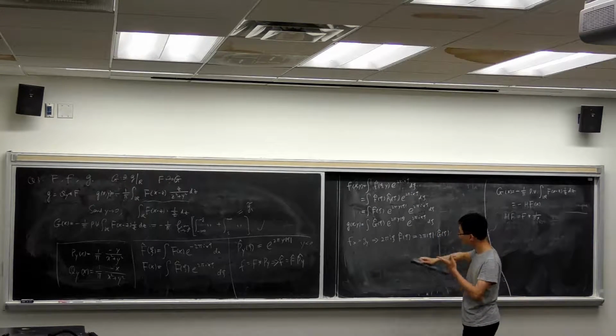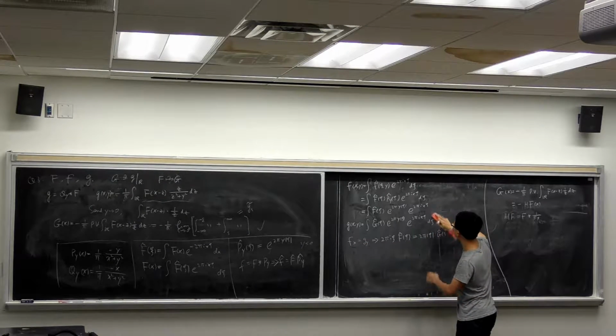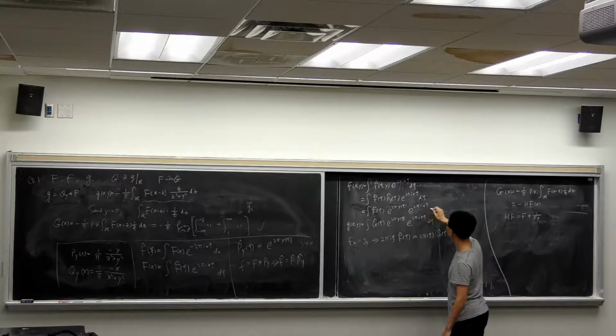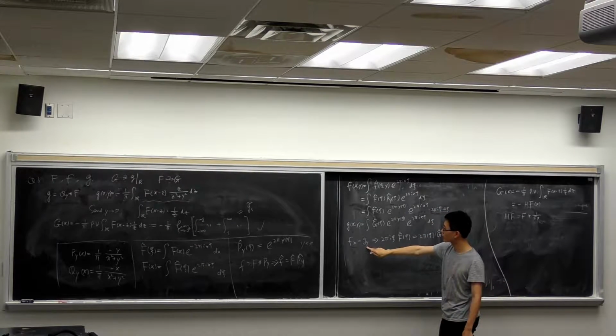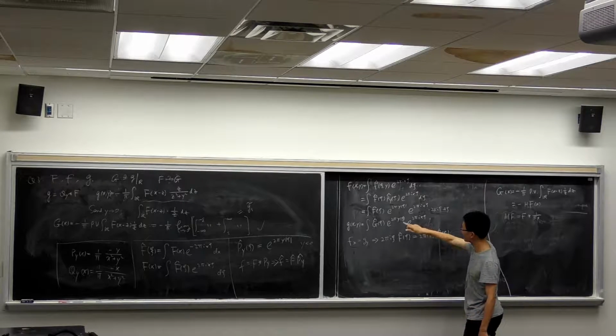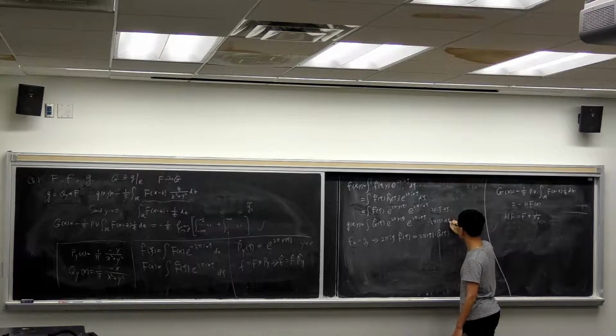What's happening is, if you compute f sub x, you will have an additional multiplier like this, and if you compute g sub y, you will have an additional term which is 2 pi absolute c.